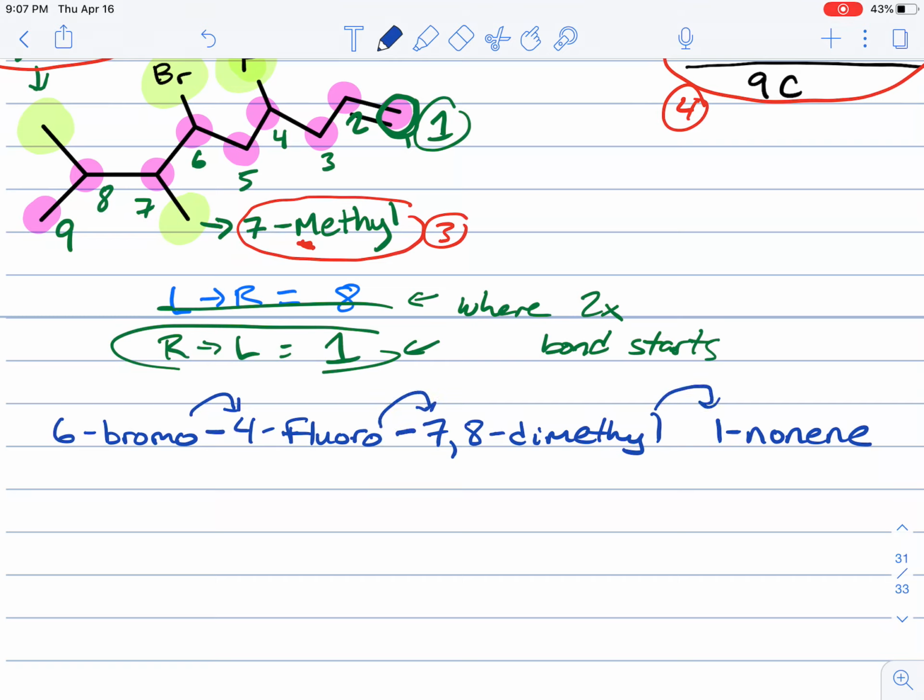Here I have letter to number, that means I need a dash. All right, so this is my final answer, 6-bromo-4-fluoro-7,8-dimethyl-1-nonene. Okay, it's pretty long.